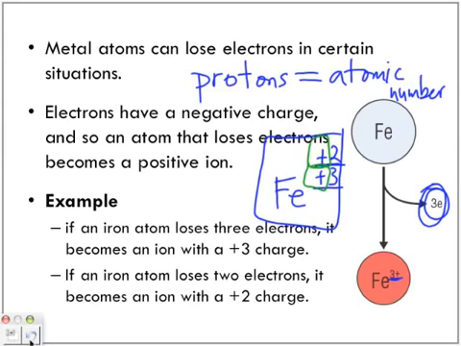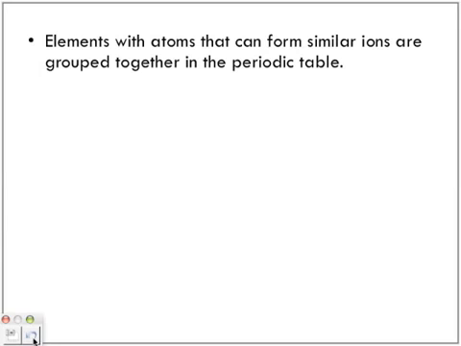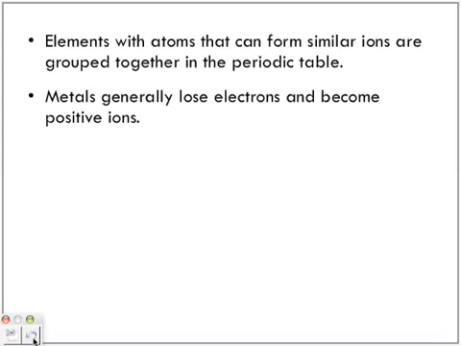If you look at the non-metals, they all have a negative charge associated with them. That means they have gained electrons. And again, we're going to talk more about that in a later chapter. So, elements with atoms that can form similar ions are grouped together in the periodic table. Metals generally lose electrons and become positive ions.